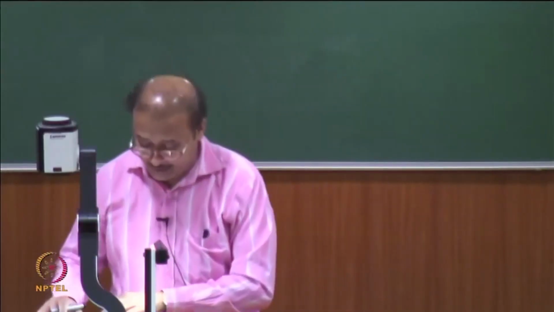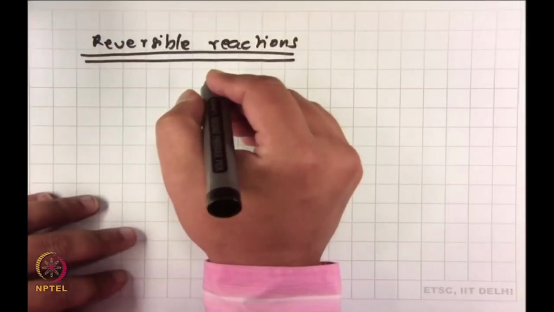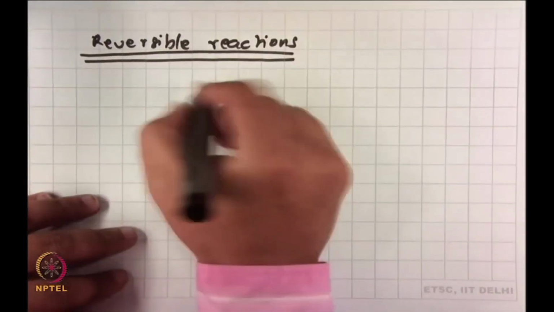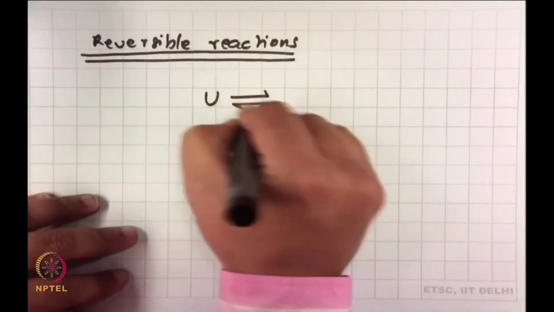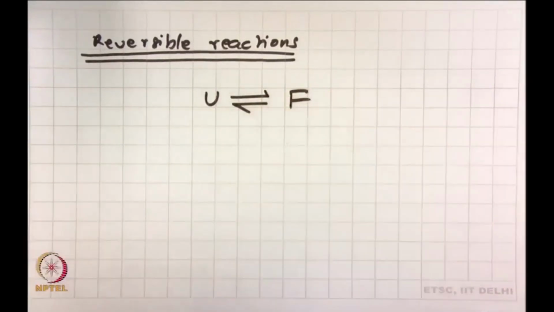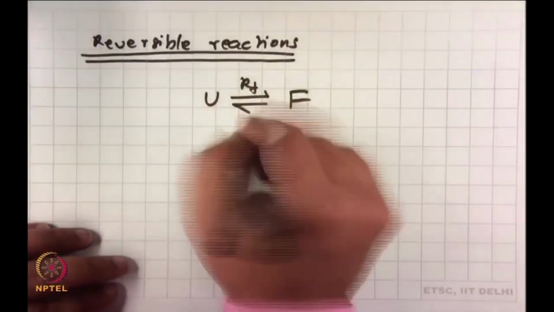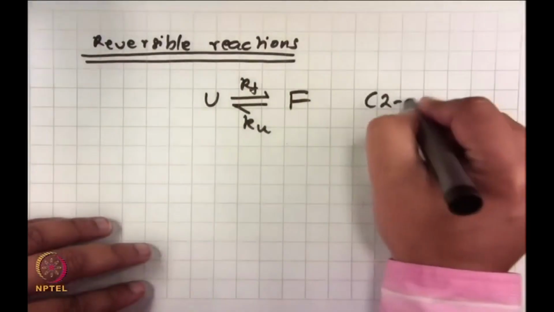Now, say I am going from the unfolded to the folded state, U to F, then this one would be Kf for me and this one would be Ku. And please remember, again I am talking about a two state scenario.